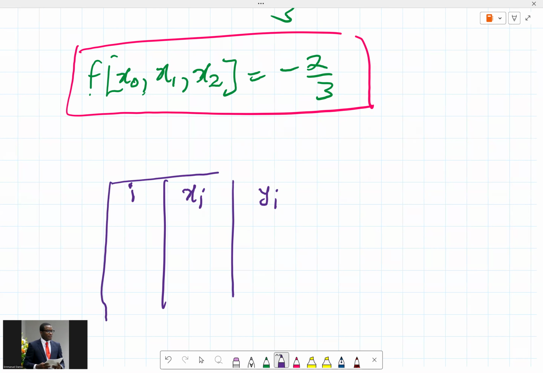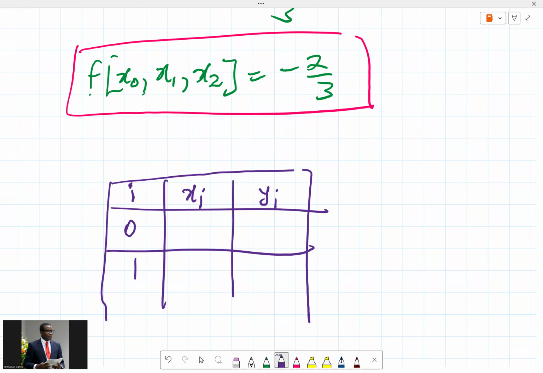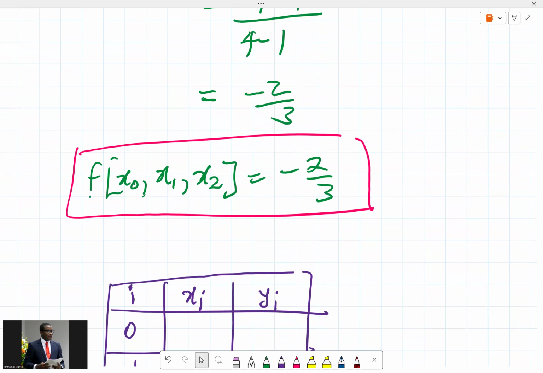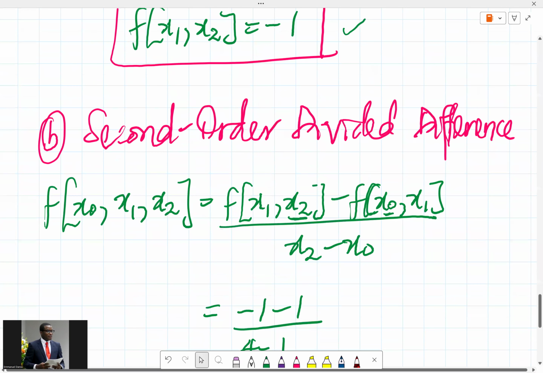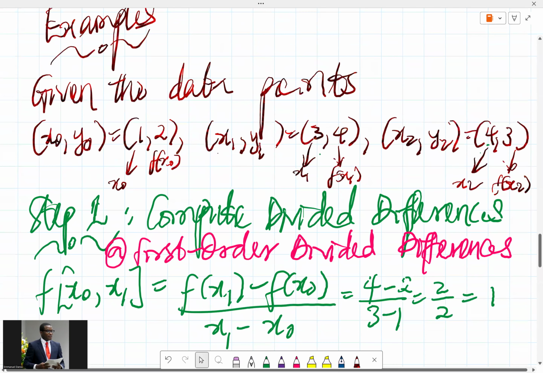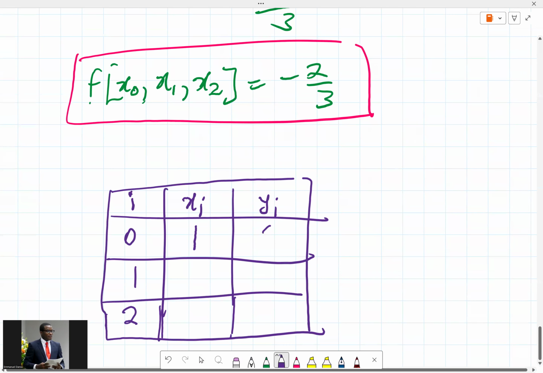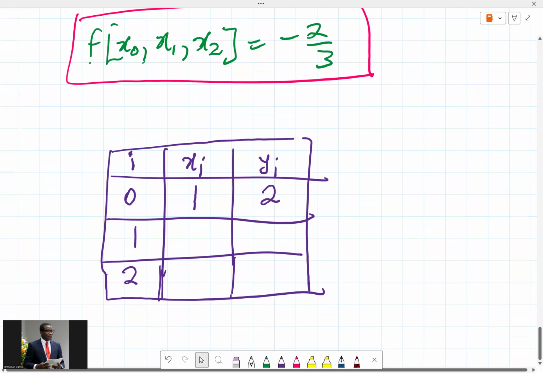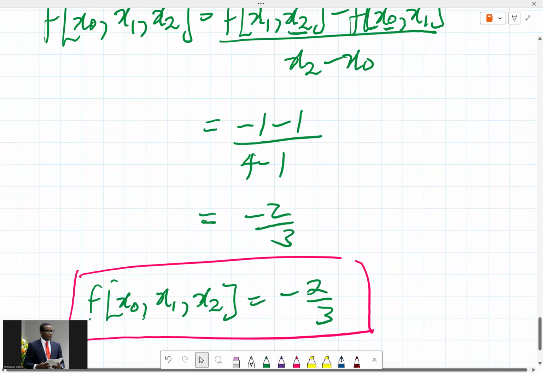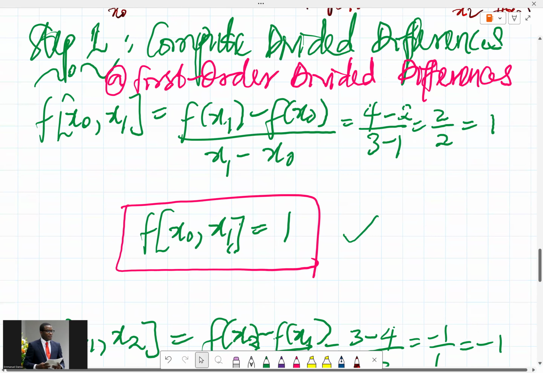We have just three data points, so we have 0, 1, and 2. x naught, y naught is 1, 2. Then the next one is 3, 4, and then we have 4, 3.